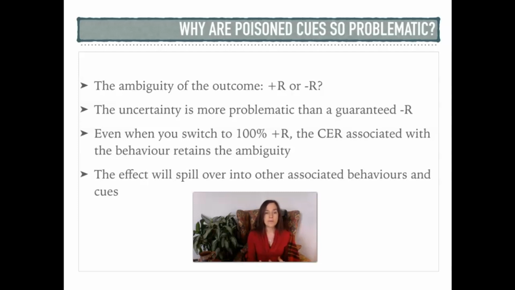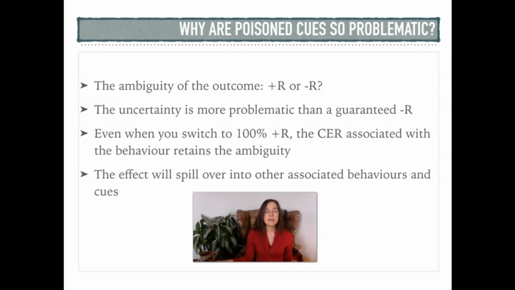So you have to be really careful, because this uncertainty, this anxiety that comes with not knowing what the outcome is going to be, will just start to spill over into everything. That's what makes poison cues so potent and so problematic in our training. That, and the fact that they're often hard to identify because we don't realize that's what's going on.